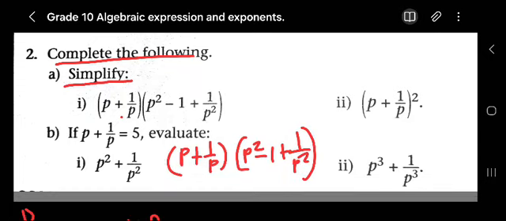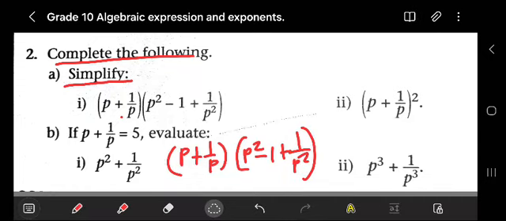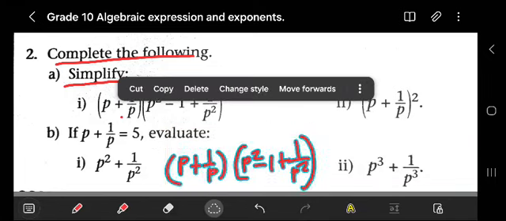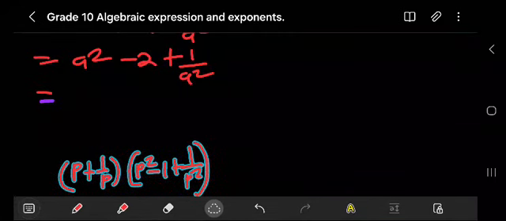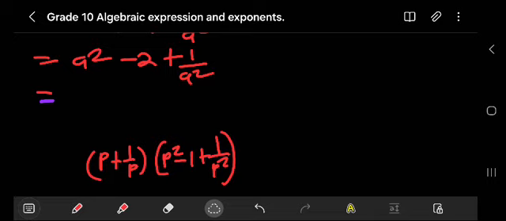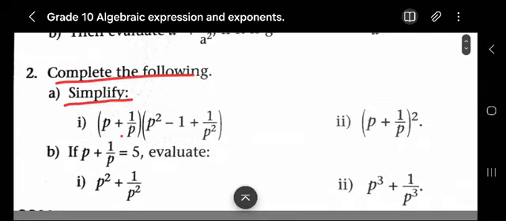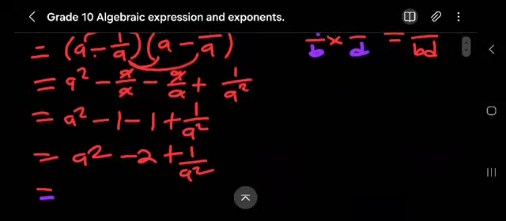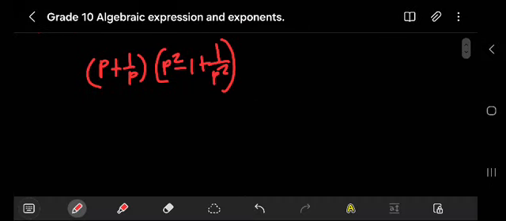All right, we're supposed to simplify this. All right, are we together? That question was 2i, right? We are dealing with 2i, like this. All right, we should simplify.